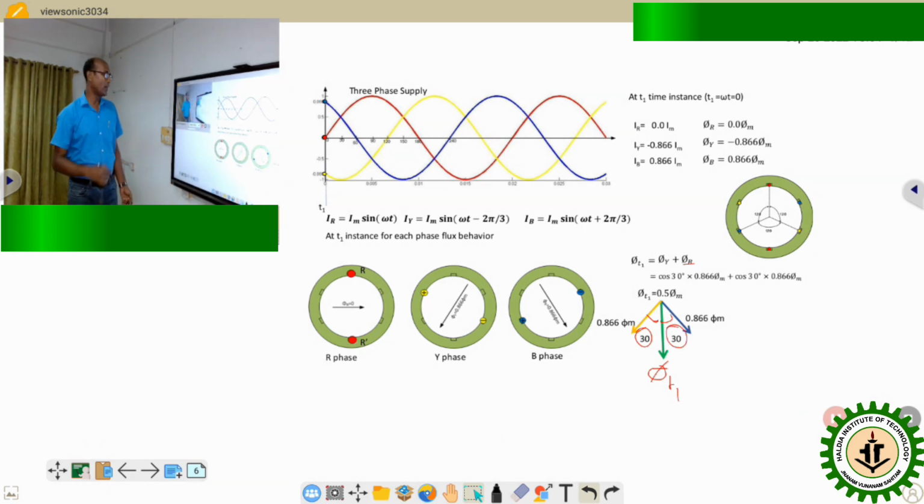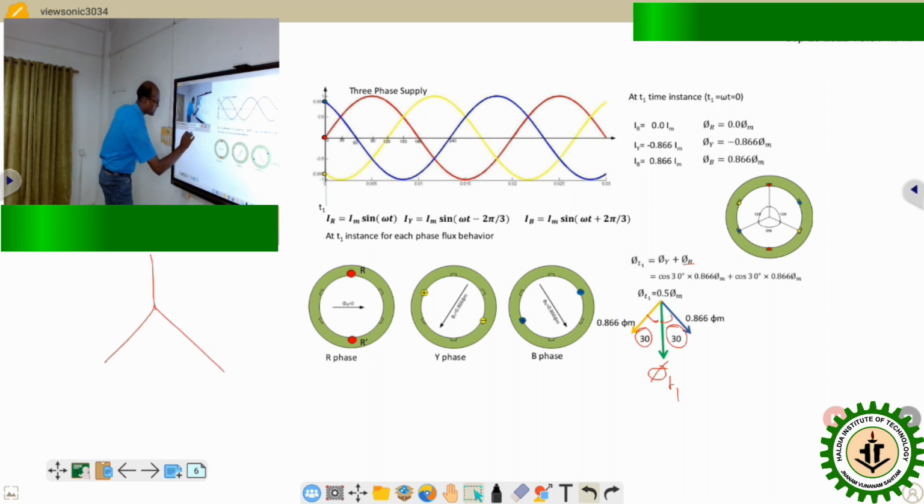Why is that 30 degree? If you want to understand, that can be represented if you draw the phasor diagram of the phase distribution. This is the direction of R phase, this is the direction of Y phase, and this is the direction of B phase.